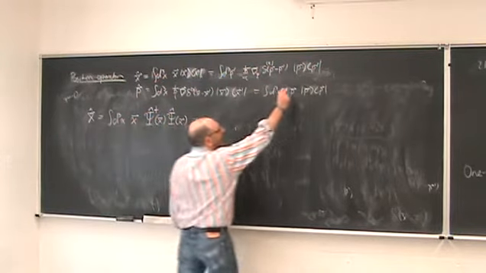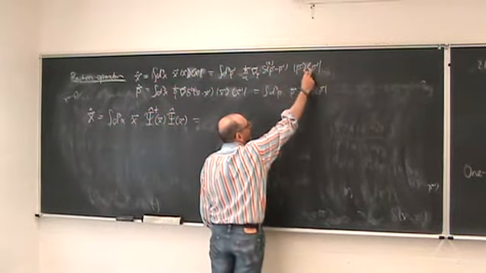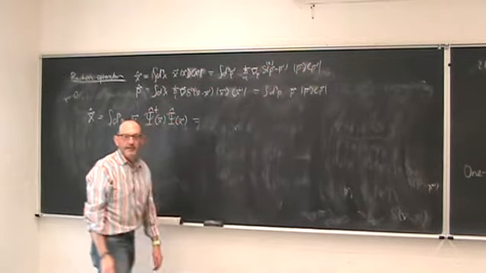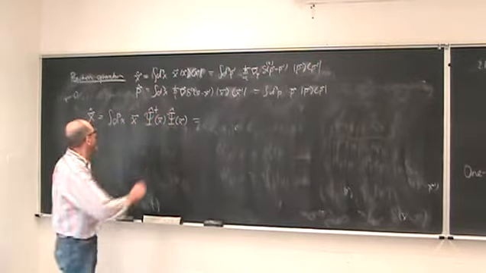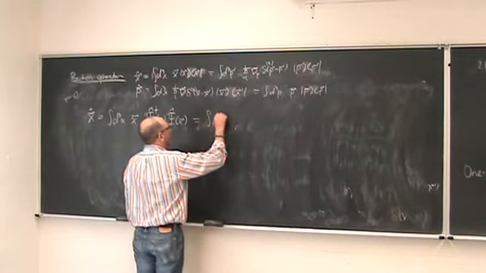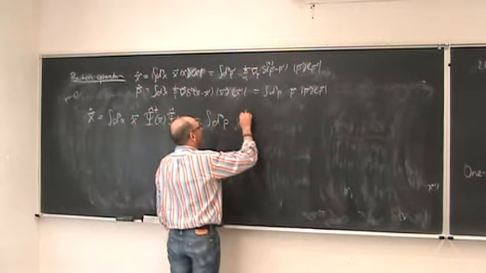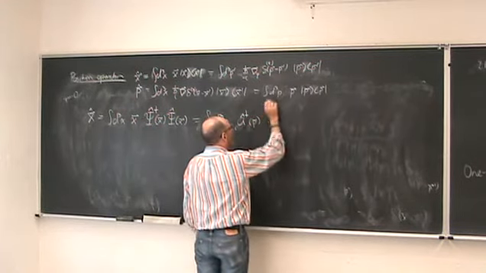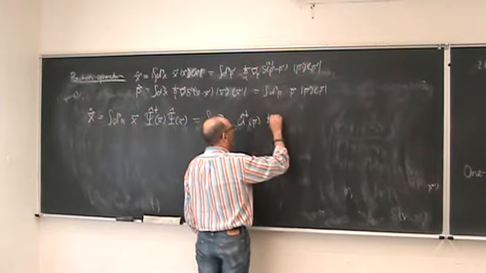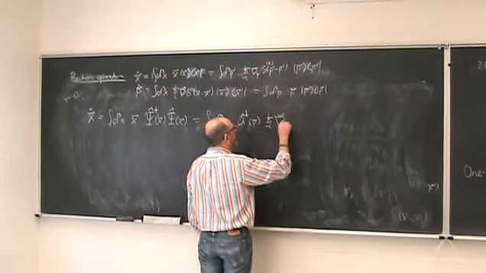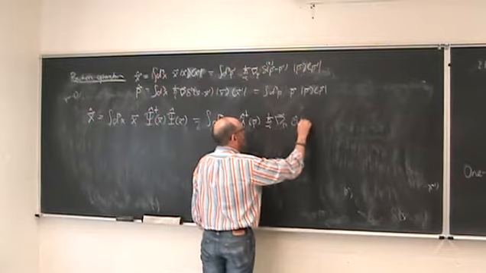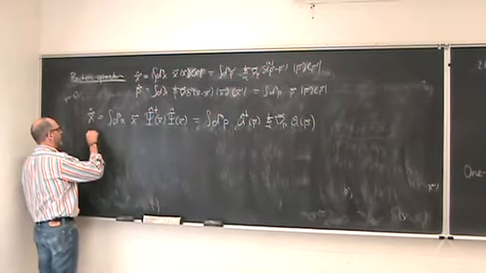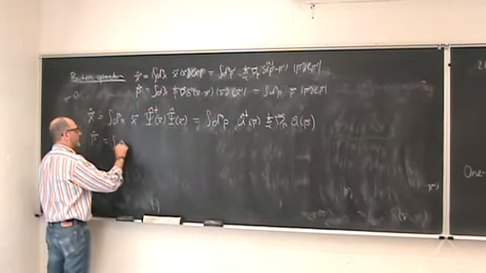Well, if I plug that in, this becomes the creation at P, and then I do integration by parts, move the delta function, and this becomes integral over P, A dagger of P, the gradient, H bar over I, the gradient with respect to P, of A of P. And the momentum operator looks like this.